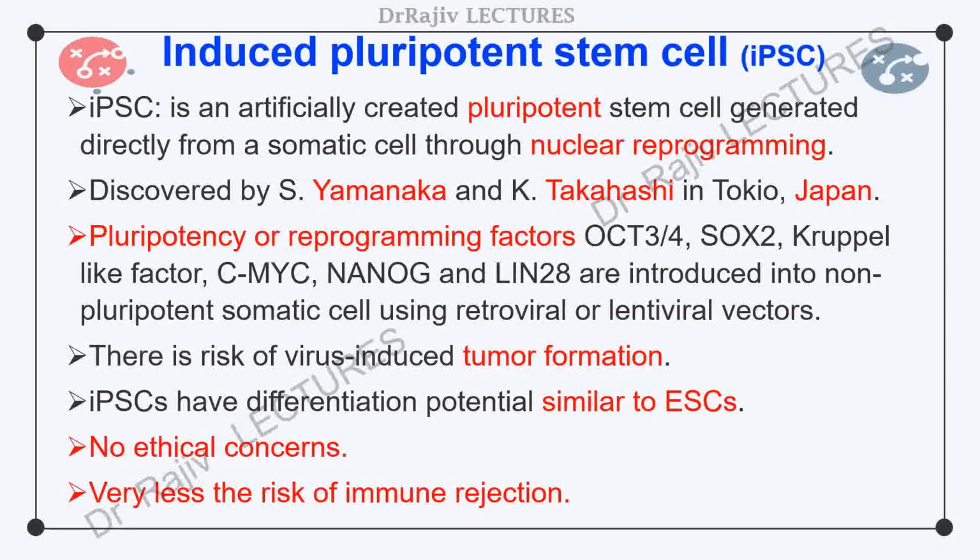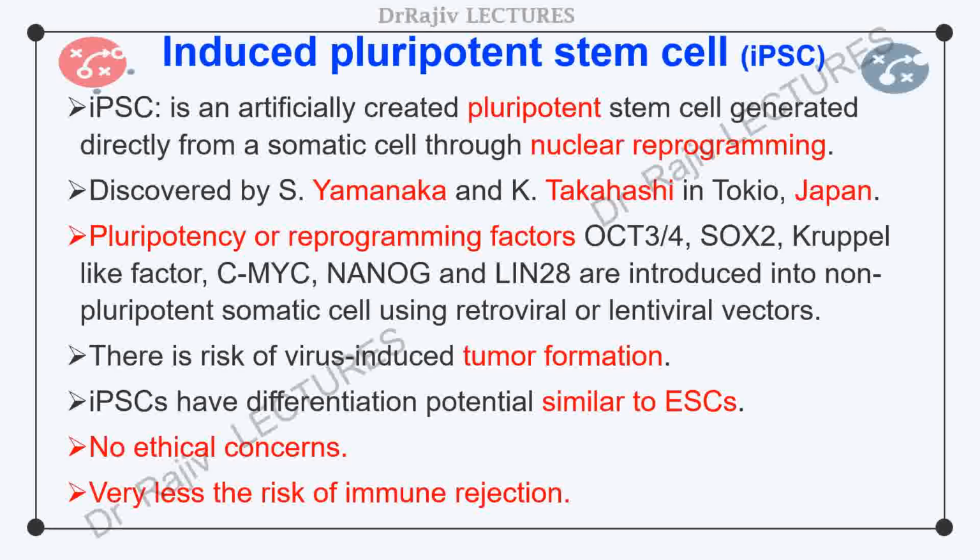In this technique, certain pluripotency or reprogramming factors such as OCT3, OCT4, SOX2, Kruppel-like factor, c-Myc, NANOG, and Lin28 are introduced into non-pluripotent cells using retroviral or lentiviral vectors. These induced pluripotent stem cells are then expanded and treated with specific differentiation factors which induce differentiation into the desired specialized cell types for use as treatment.